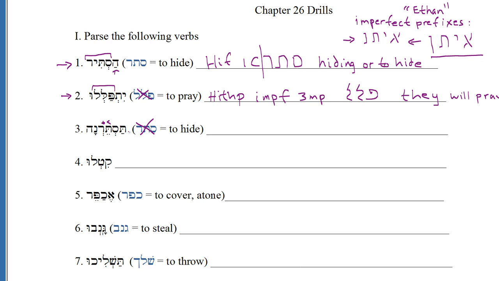We see the prefix here, the tav with the patach. Since that's a potential imperfect prefix, we try to look and see if we can find a root here. We've got satar, which we recognize, and then we have a na ending, which matches one of our imperfect endings. So it kind of all fits together as imperfect. We've got the tav prefix with the patach prefix vowel. That tells us Hifil.